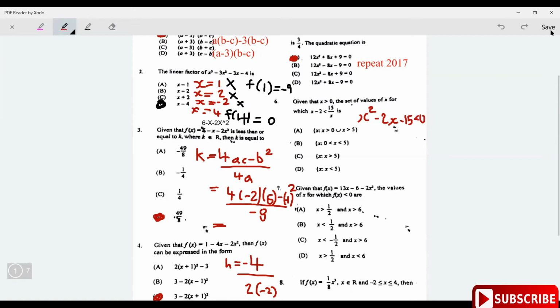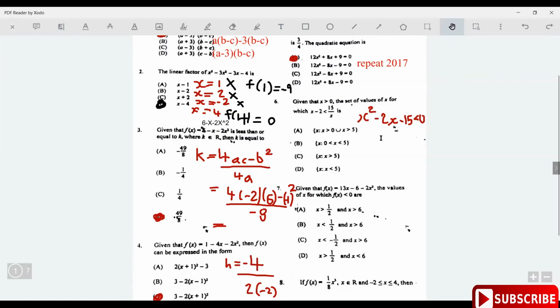Then what do you do next? You factorize. Let's see, x squared minus 2x less than 15, yeah, that's about right. All right, and it says, given that x is greater than 0, what is the set of values for x? So let's go ahead and see what's happening.